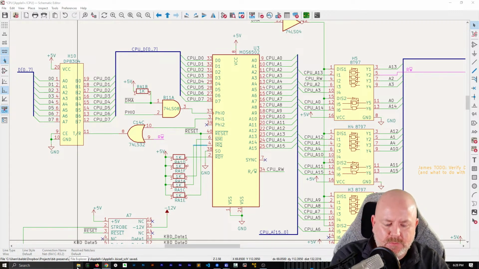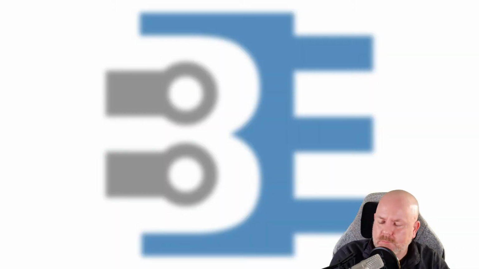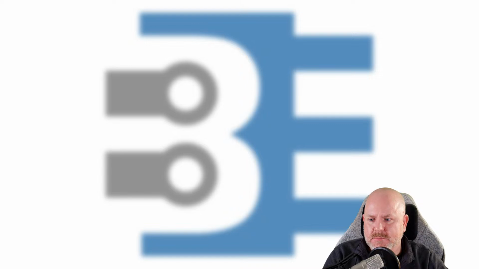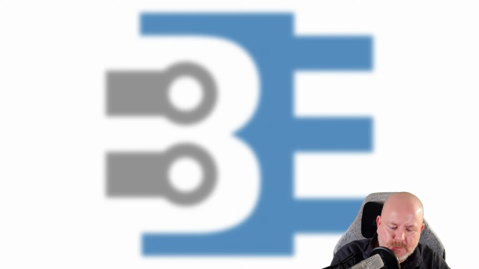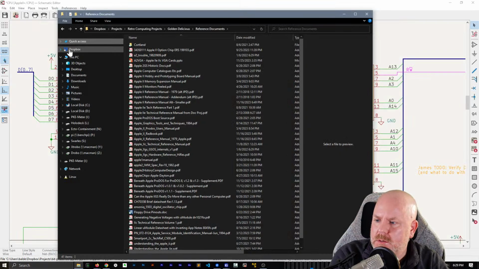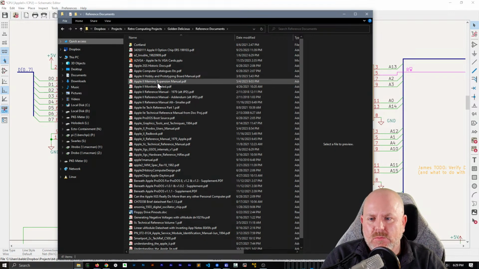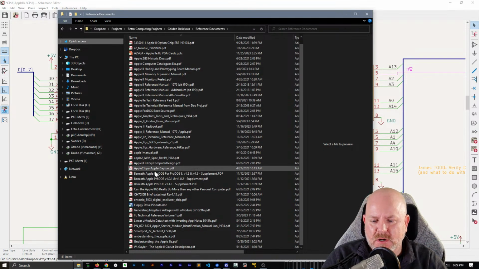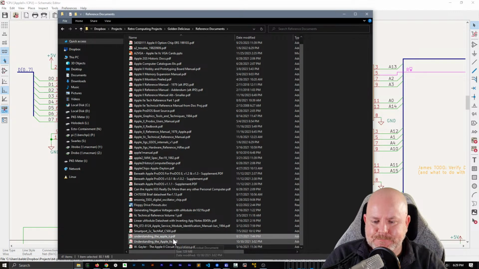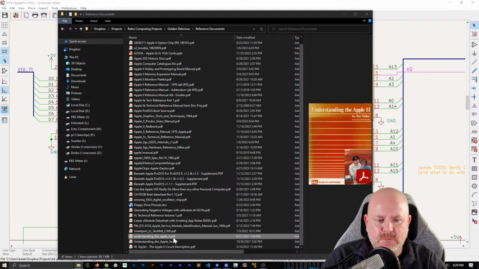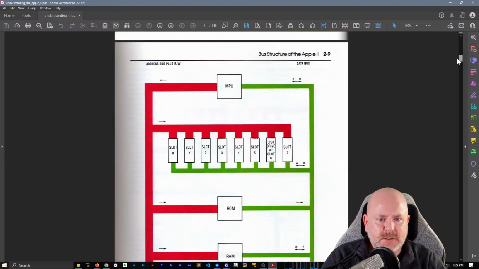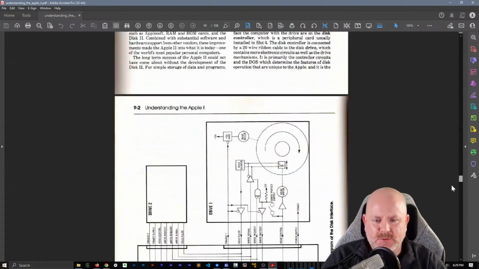Which book do I want to go look up? Let me go into my... Okay. I am trying to remember. So a couple of weeks ago, we almost realized the schematic that this person was using.